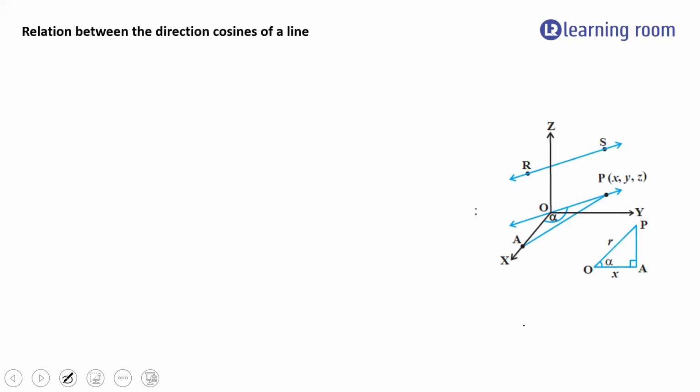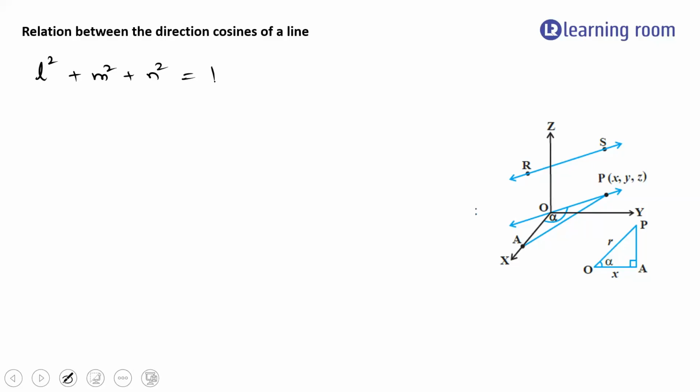Now, the next topic that we are going to see: we saw that direction cosines are represented by the symbols l, m, and n. Now the next question is, how are these three direction cosines related to each other? And the answer to that is l square plus m square plus n square is equal to 1.